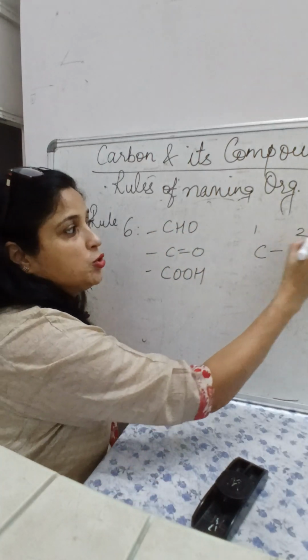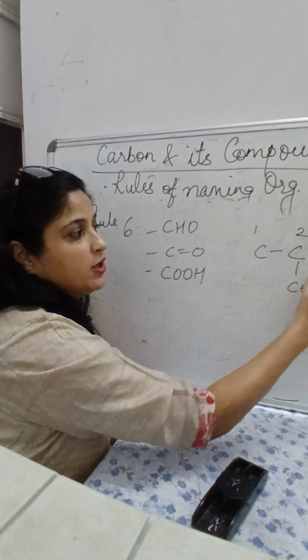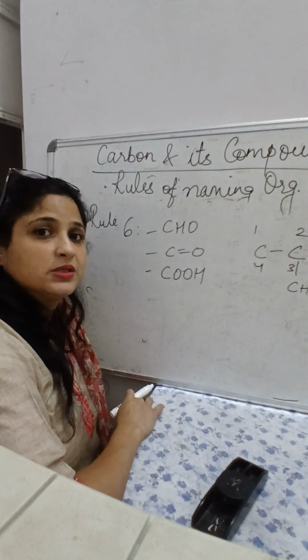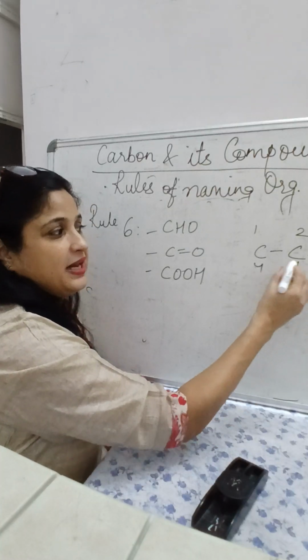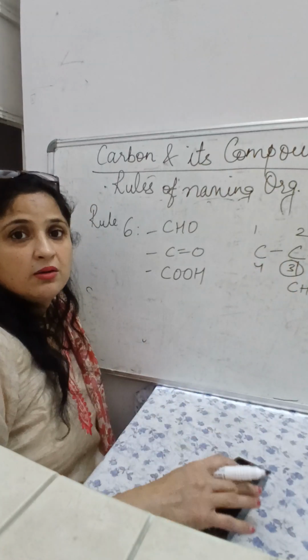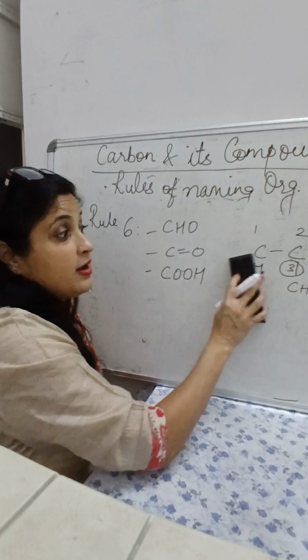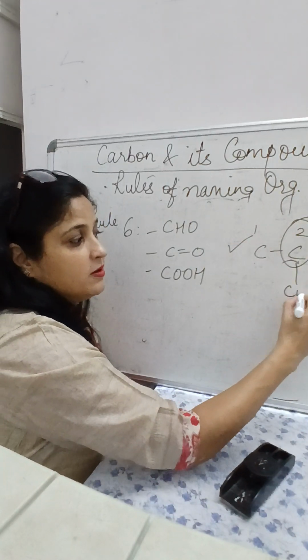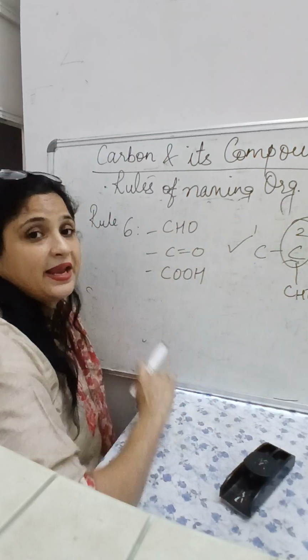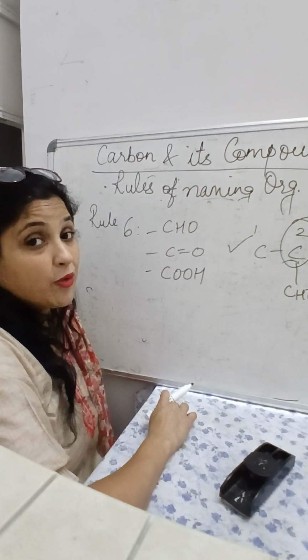So 1 2 3 4 or 1 2 3 4, which should be the correct style of nomenclature? Here the aldehyde group is getting the third position, so that is wrong. And if I go by this method, here I am getting the aldehyde as the second. So how I am going to name it?